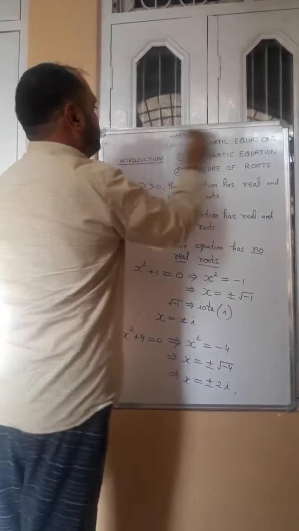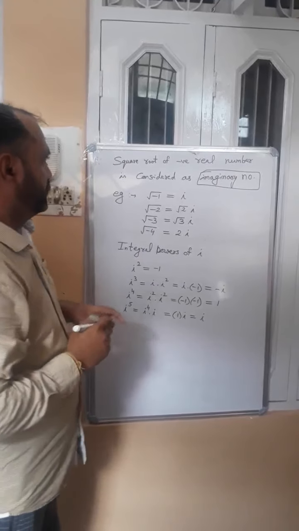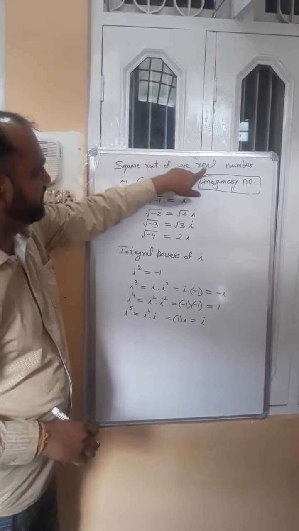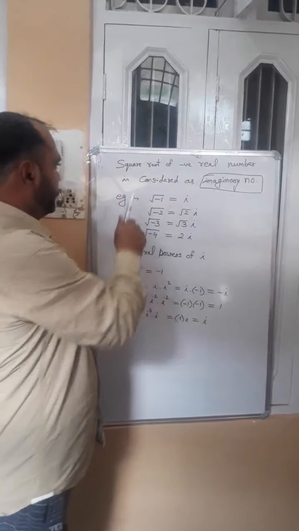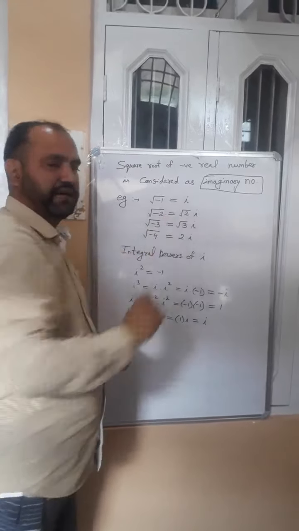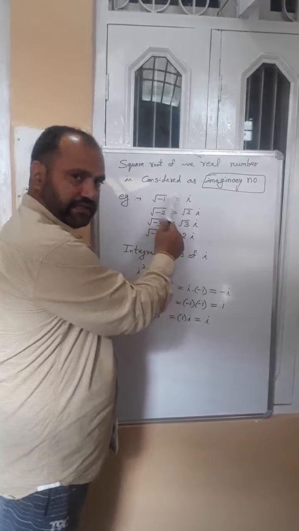To understand the imaginary number, you have to know that the square root of a negative real number is considered as an imaginary number. For example, square root of minus 1 is equal to iota.